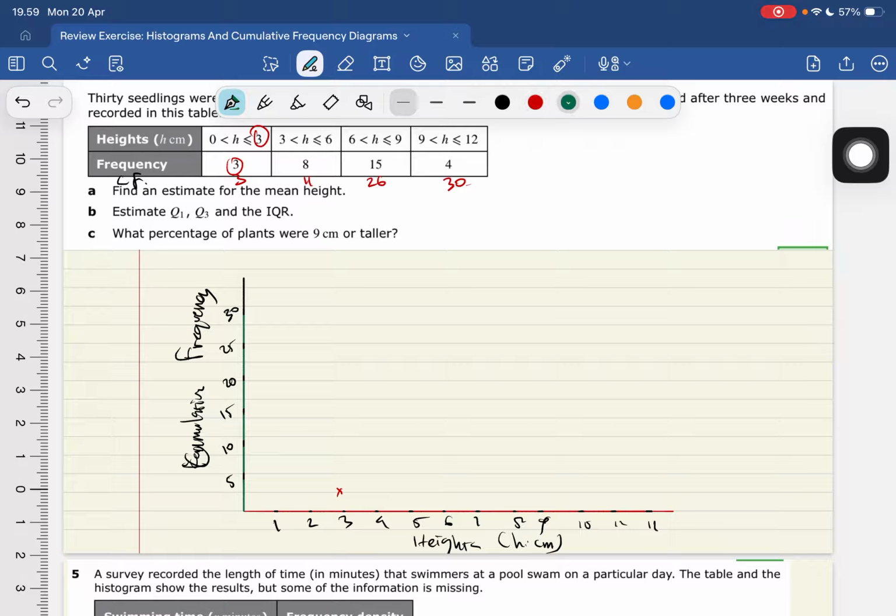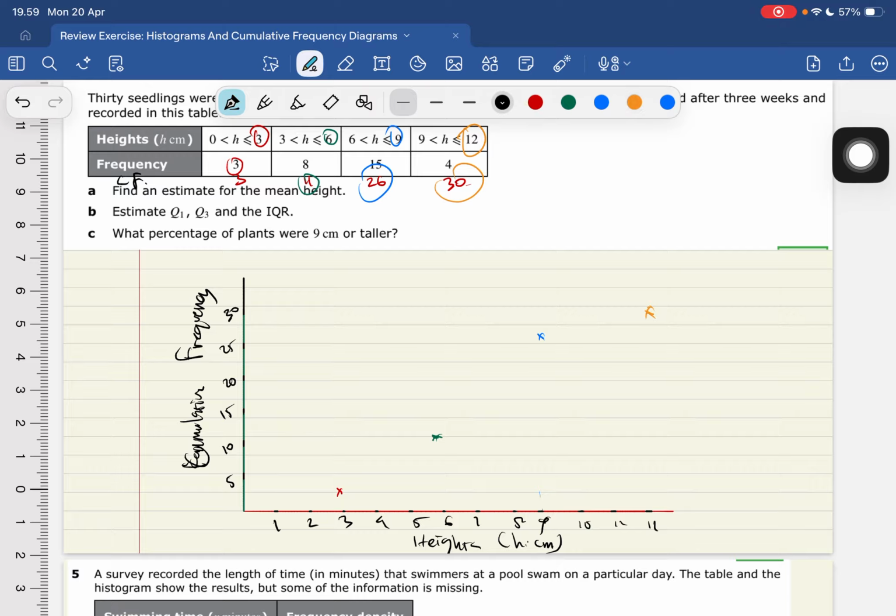Next, this is 6 and 11. We can write it here, 6 and 11. Next, we got 9 and 26. So this is 9, and here is 26. Last, 12 and 30. So 12 and 30 is here.